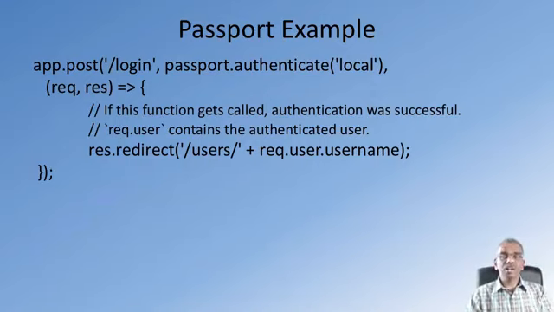So req.user becomes available for us with the user's information in there, which we can subsequently use within our Express application to handle the request coming from specific users. So this easily helps us to identify which client sent the request to our application and consequently service the request accordingly based upon the user's identity.